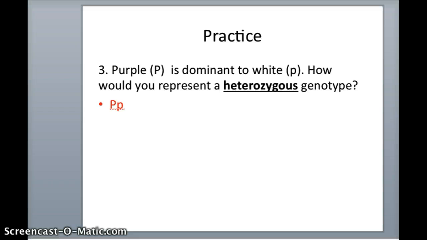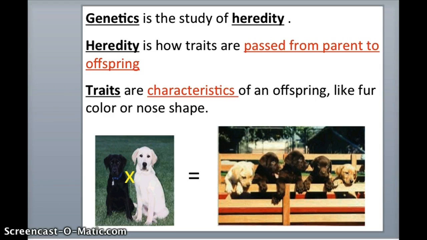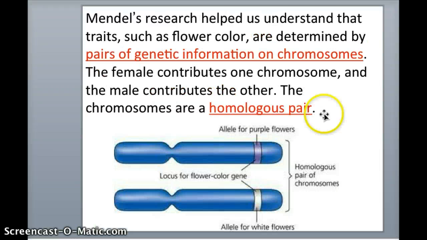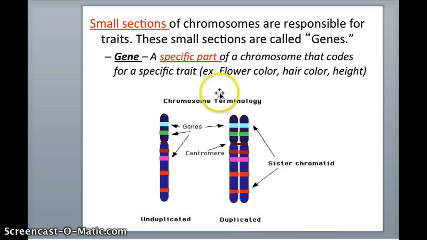Now, I know this was a lot of information, but I'm hoping that this screencast will help you review. Please listen to it as many times as you need to review, especially for the new vocabulary terms. And it really helps to have these visuals, and explaining it with the visuals helps too. So just make sure, if you're not sure about something, watch this again, or you can ask me in class.